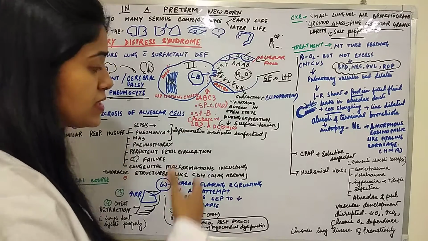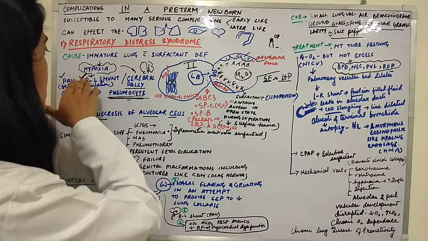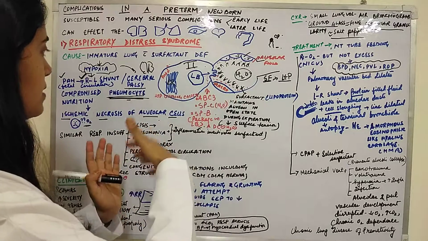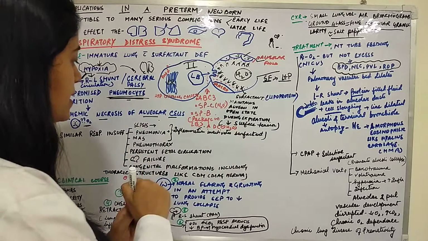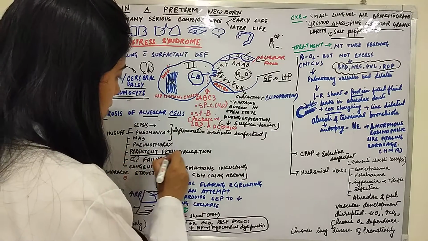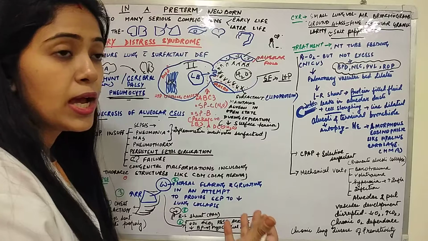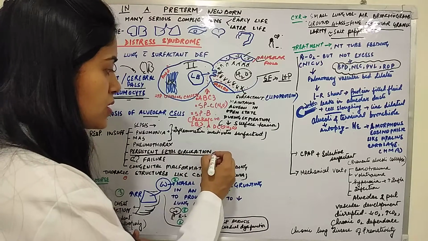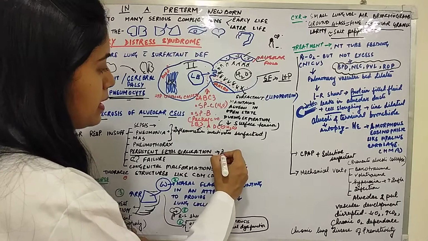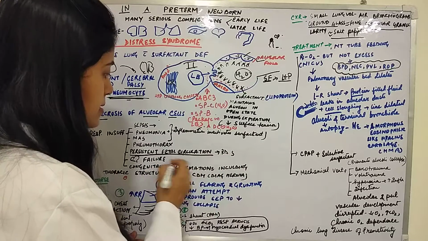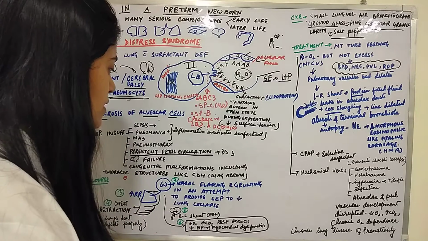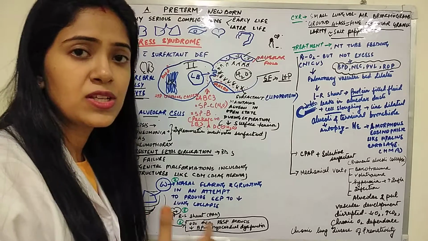Pneumothorax, persistent fetal circulation, it is a similar picture where you have pulmonary artery hypertension and right to left shunt. So basically anything where the adult circulation is not being established, there's persistence of fetal circulation, that will lead to a picture like RDS. Then there is heart failure, similar picture, or any situation where the lungs don't have enough space to expand.